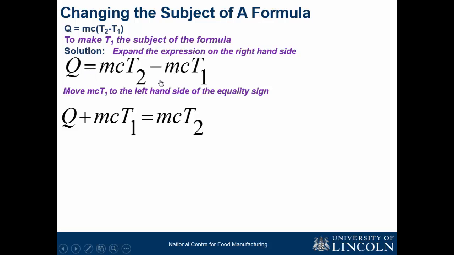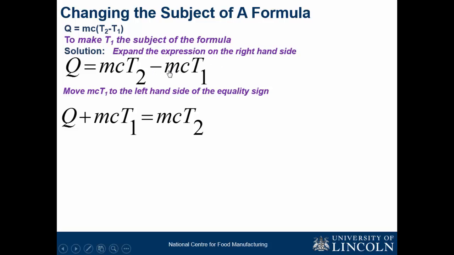Now another way of looking at this is this. Now this is minus. So if we add MCT1 to both sides, we could get rid of this at this end. So what we could do is add MCT1 to both sides. We add it to this side and add it to the left hand side as well. So the MCT1 that we've added to this side cancels out the negative MCT1.